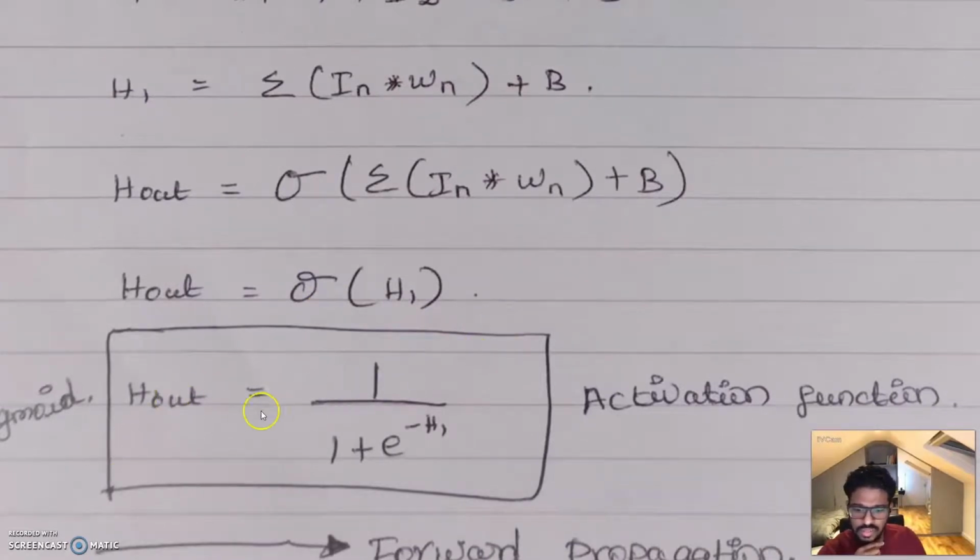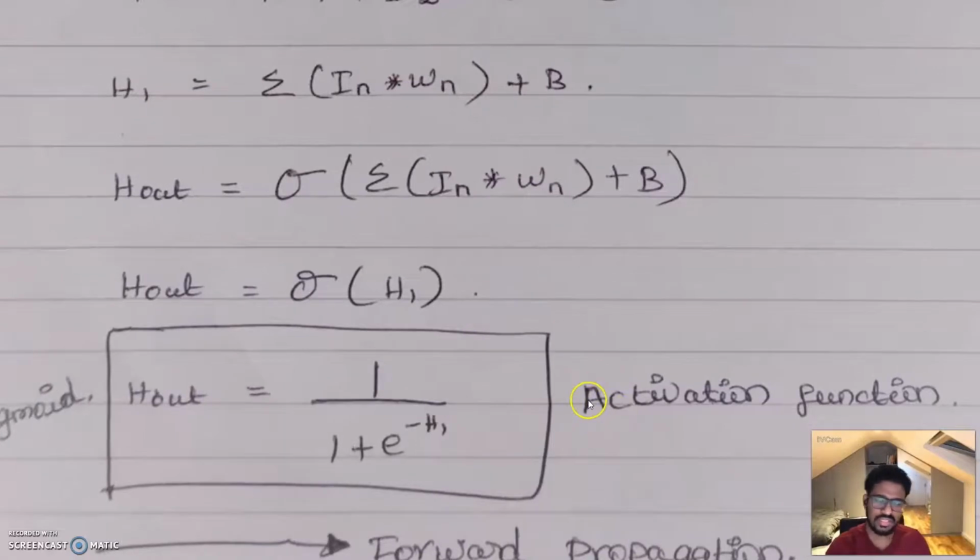Here is the sigmoid function expression, which is 1 divided by 1 plus exponential of minus h. H is nothing but the h1. So this is the actual activation function.